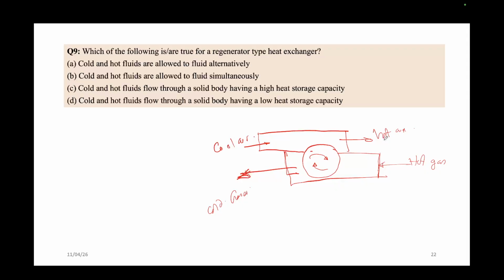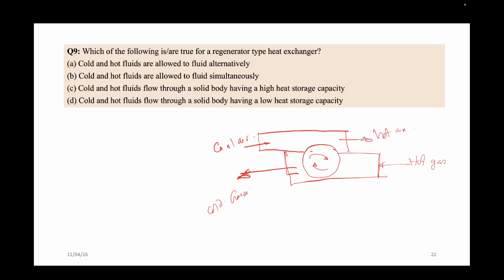It's like the mechanism of the heater used in our room. Not directly. The above one is the mechanism of the heater. So in the heater, what will happen? Almost similar, not that example. So that is your regenerative type heat exchanger.